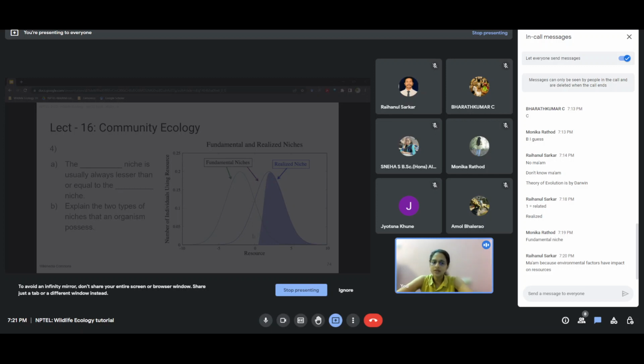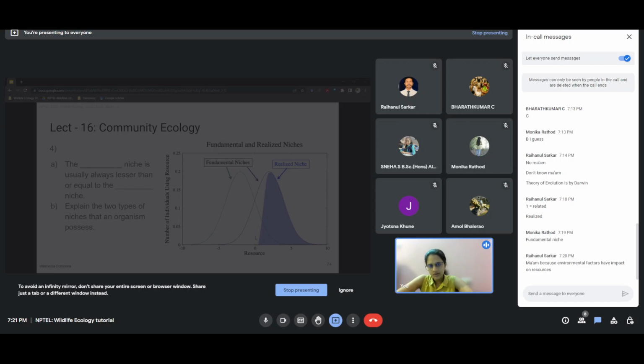In the center there is a region of overlap, where both species are found feeding on a particular resource.